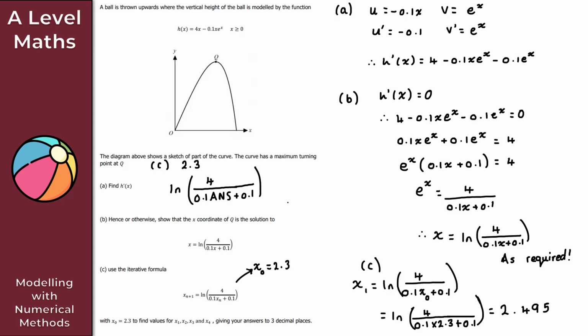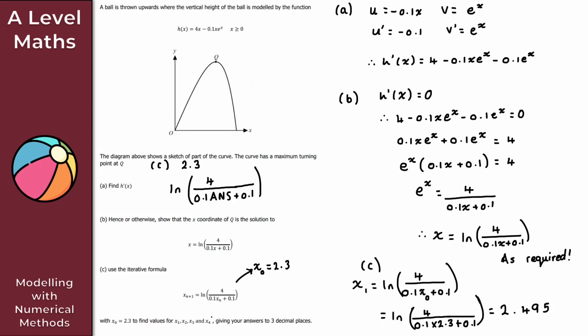So inputting this using our calculator, I get ln of 4, and I will use brackets here just so I can be extra careful. I get 0.1 answer plus 0.1 here, close my brackets. If we do this correctly, as you would expect, we get quite a few decimal places. Hopefully, what you should get is 2.494956986.